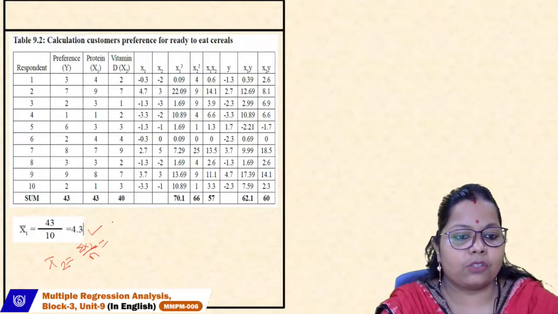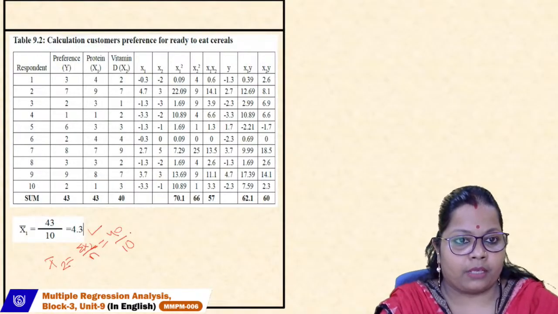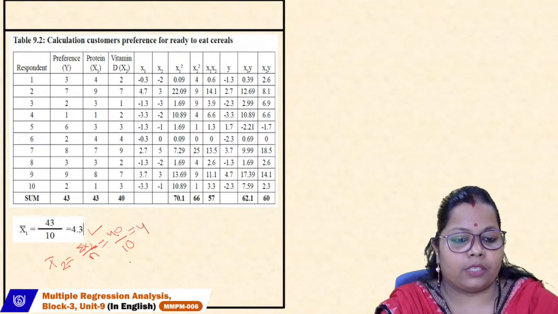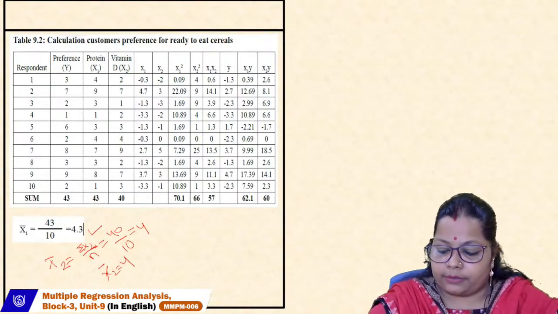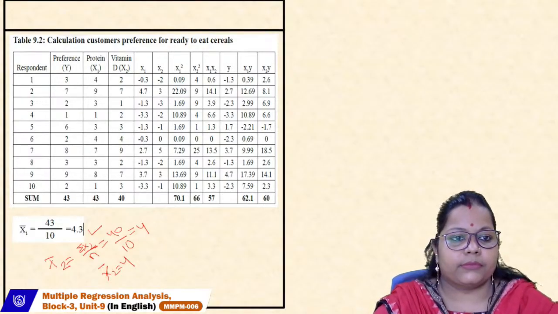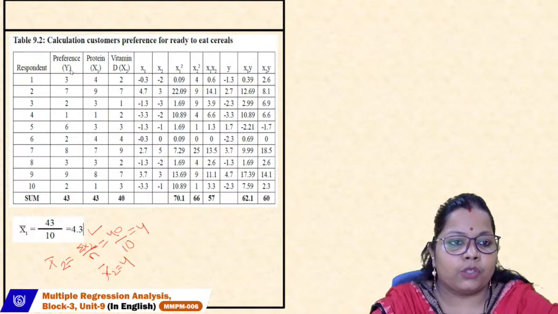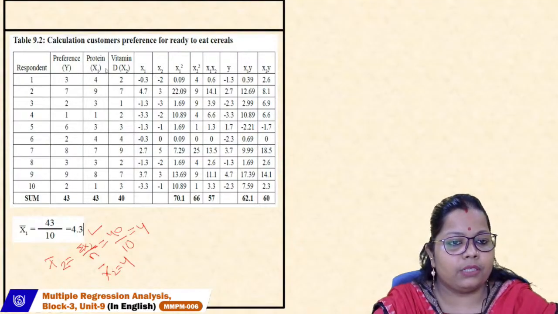The sum of x2 is equal to 40, divided by 10, 4 only. So x2 bar is equal to 4. Now see, from capital X1 we calculated small x1.